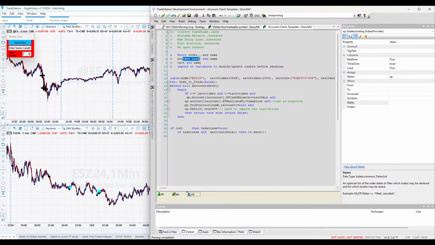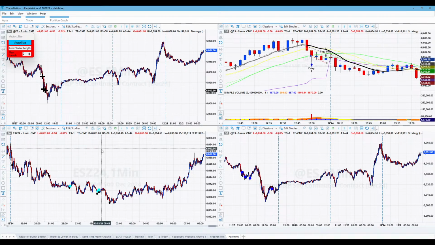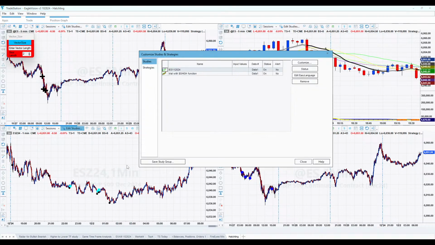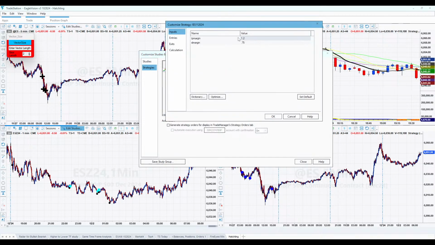But the bracket order, when it comes to having the correct stop loss or the profit target, this needs to be adjusted. And some of my strategies will adjust those based on the average true range. Some of them will adjust them based on a certain number. Like if you look here, I'll go to edit studies here, strategies. This one currently has input values, a take profit margin of 1.2 and stop loss of 0.75.